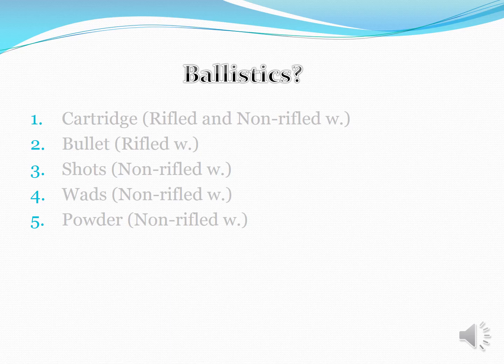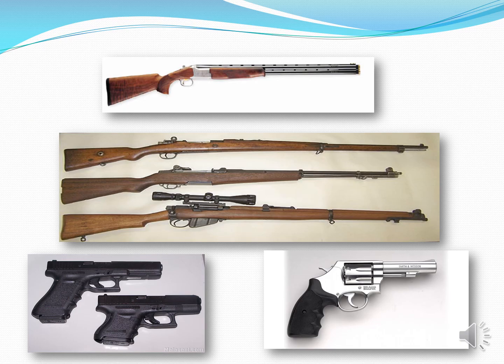We take a cartridge, the bullet, shots, weights and powder. We take all different types of weapon: non-rifled as a sporting gun, rifled as long surface rifled, automatic and non-automatic, short as automatic pistol and revolver.